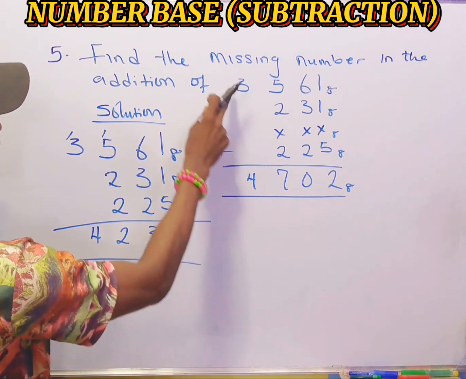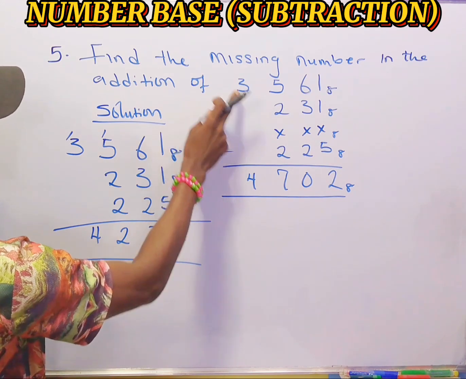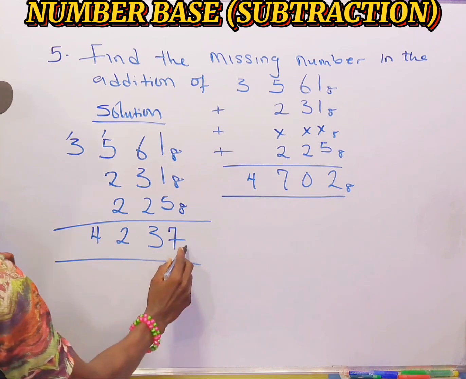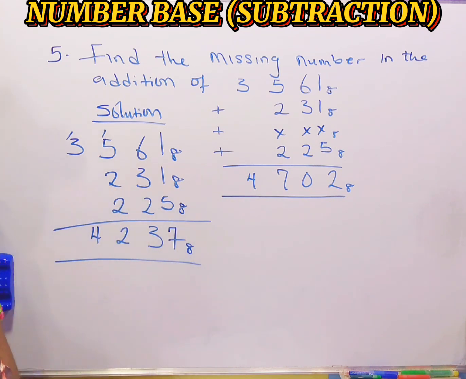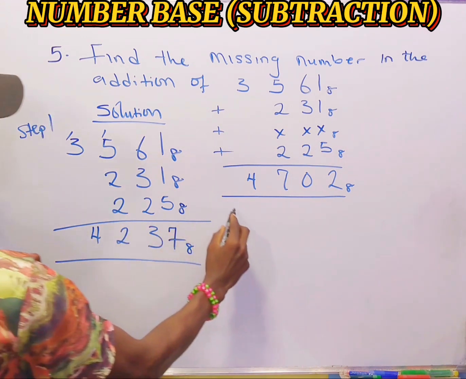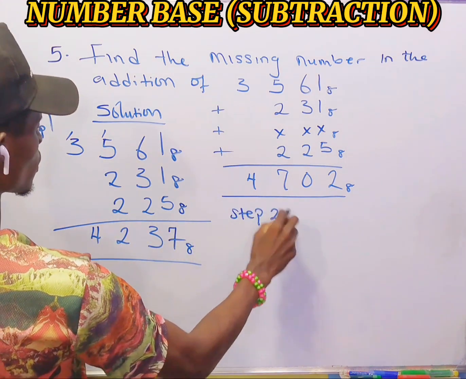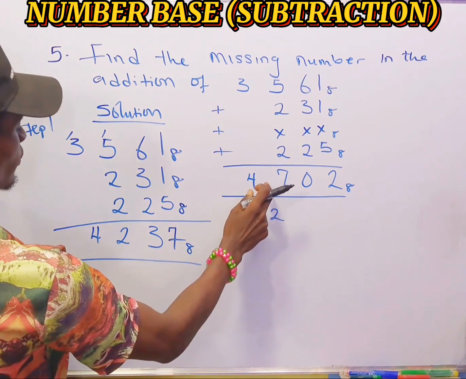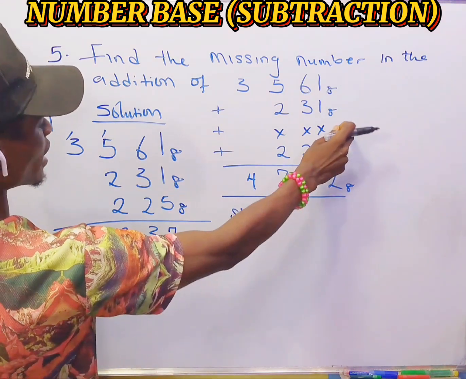Therefore, the addition of 3561, 231, and 225 results to 4237 base 8. This is our step 1. Now, step 2. We take away 4237 from 4702 to get the missing value.